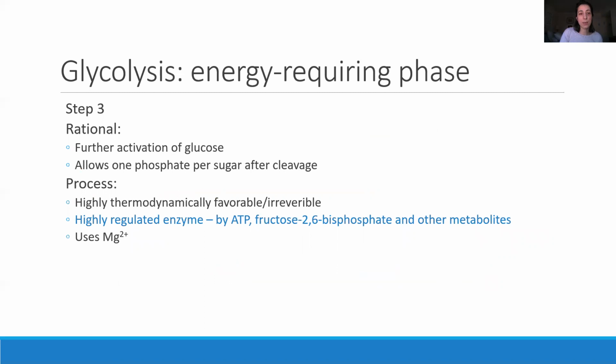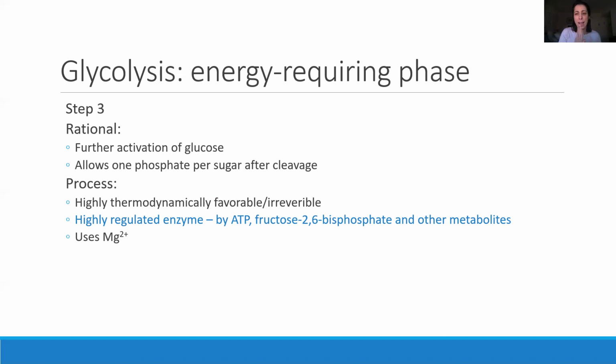What is the reason for this step? The rationale of step 3 is further activation of glucose. Remember, I said that we are putting a small amount of energy in, we're adding those phosphates on, and the reason we're doing it is because those phosphates are going to help us release a lot of energy in our energy releasing phase.